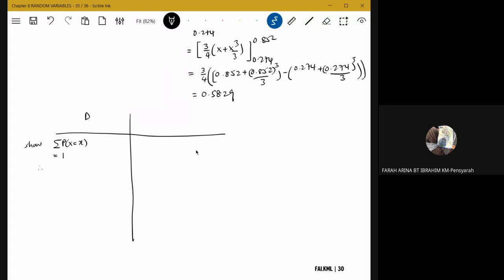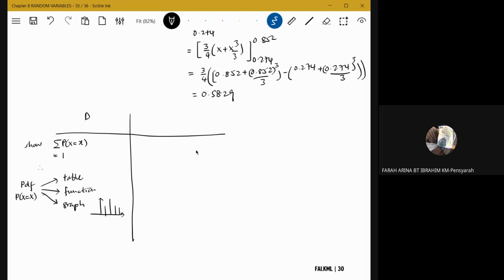And then probability density function, probability distribution function kita boleh bagi dalam bentuk table, kita boleh bagi dalam bentuk function, dan kita boleh bagi dalam bentuk graph. So graph dia adalah yang tercacak-cacak tu. Okay, so ini adalah Px equal to X.